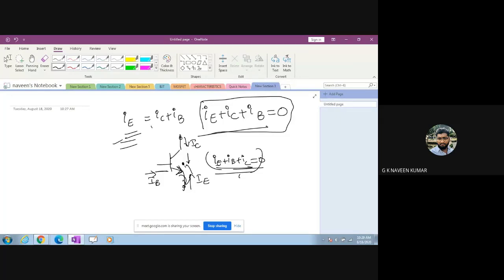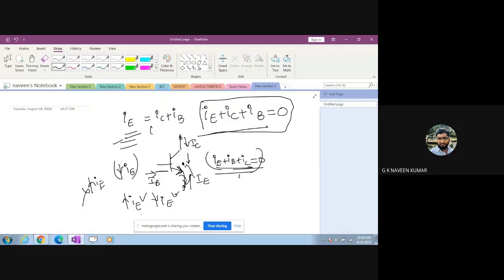If in the first step I am taking the direction of current this way, I cannot take it differently in the next step. This is wrong. I cannot take this, so I have to stick to this. You can take the current into the transistor or flowing out of the transistor. You follow one thing, either this or this.